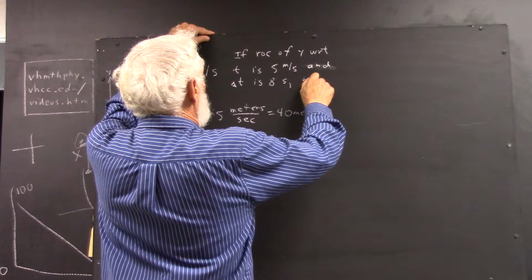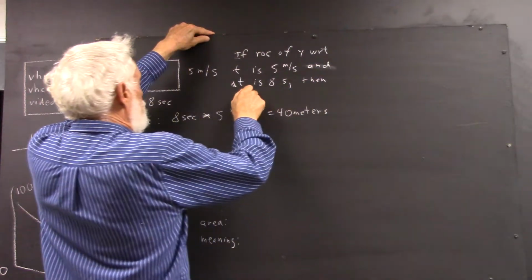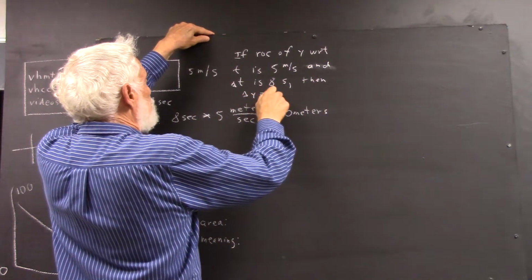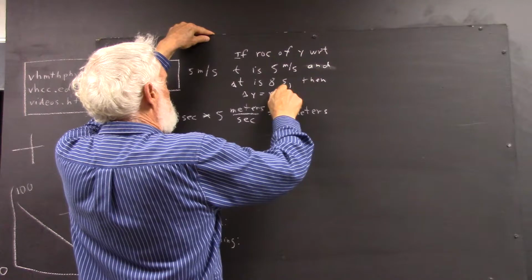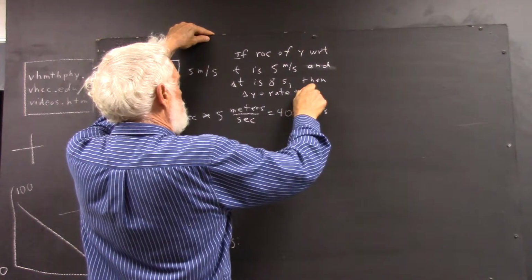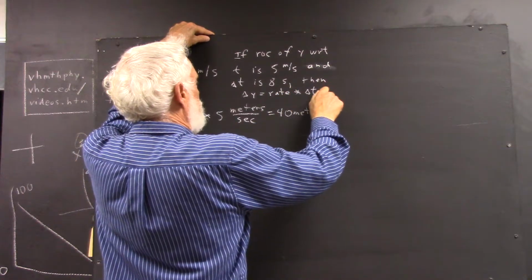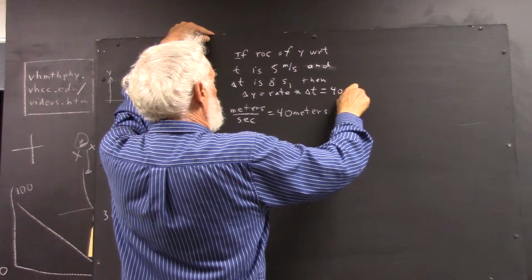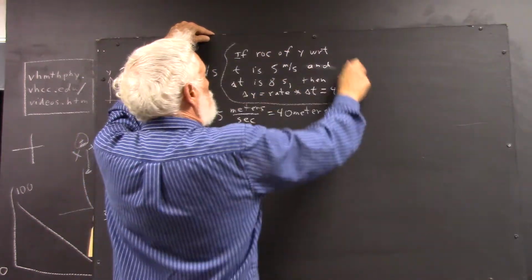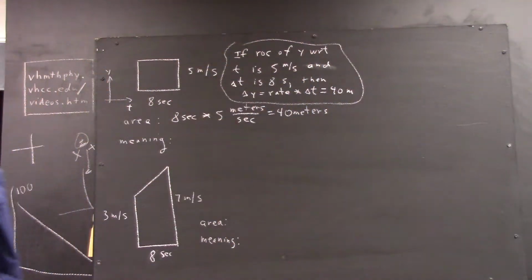Then delta y equals rate times delta t, and that's 40 meters. That's essentially what you were saying, right?